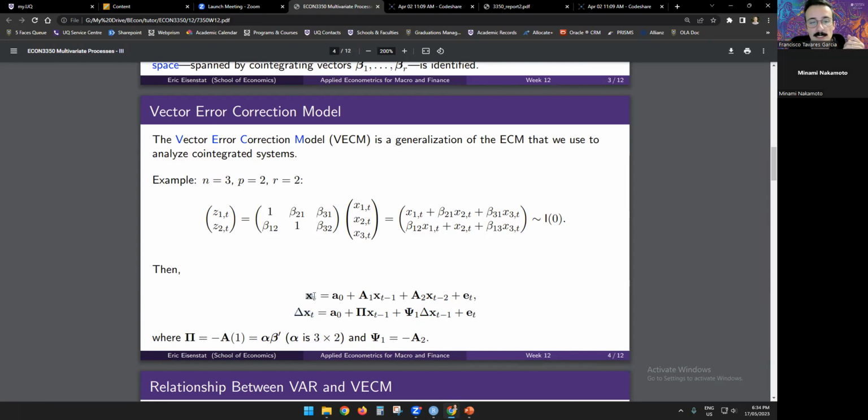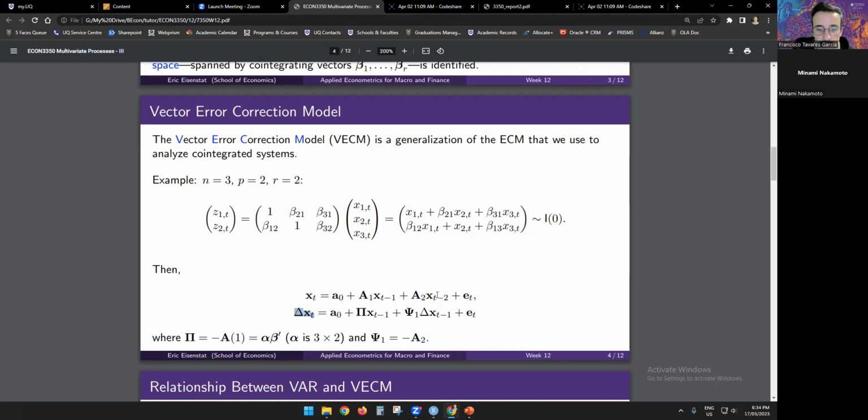So now instead of having the variables, we have the change, which usually shortens by one lag, because instead of looking at a specific number of lags p, now it will be p minus 1.